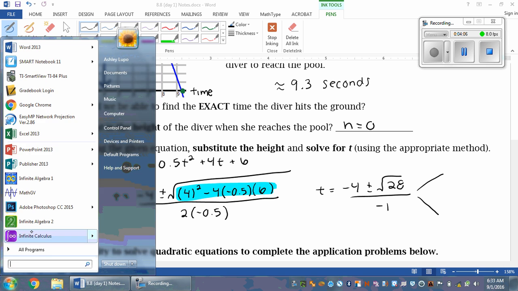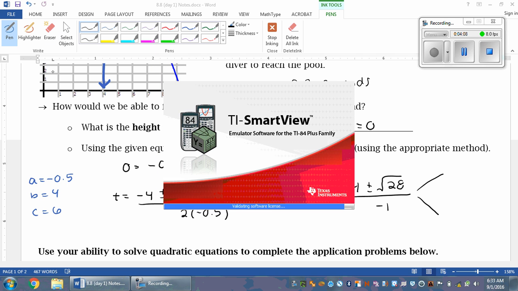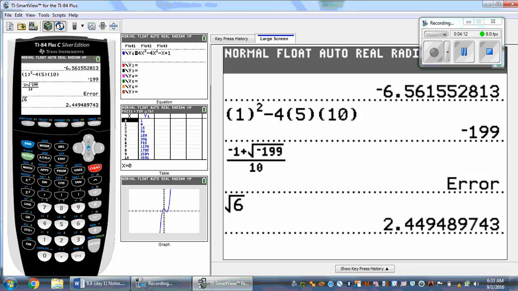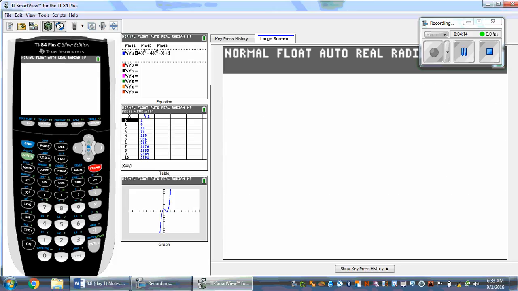Remember, plus or minus means you have to do one with the plus and one with the minus. So we're going to calculate negative 4 plus the square root of 28, all divided by negative 1, because 2 times negative 0.5 is negative 1.